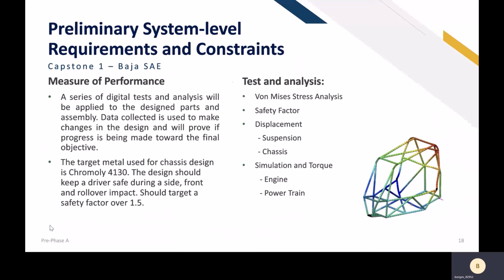We will target a safety factor for our parts of over 1.5. Now I will leave you with my partner Heriberto Cotto, who will present the QFD and the project planning.